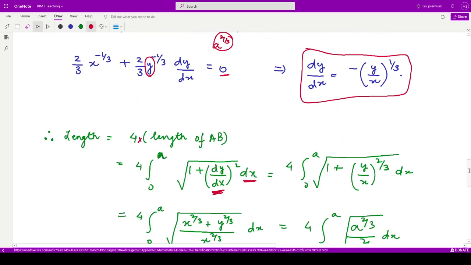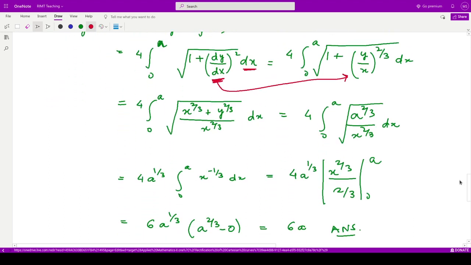So we can substitute this quantity here. Take its square. So it would be, negative becomes positive, y divided by x raised to power 2 by 3, right? So now we can take the LCM, simplify this a bit. What is the value of this thing? In the question we were given this curve, this was equal to a to the power 2 by 3. So we can substitute its value as a raised to power 2 by 3, that I have done over here.